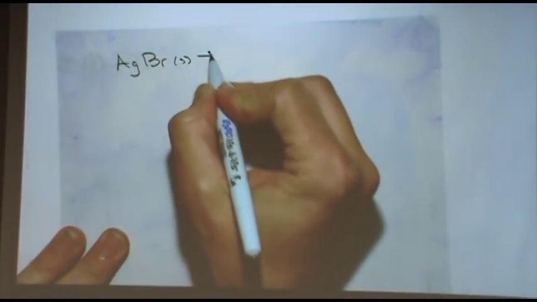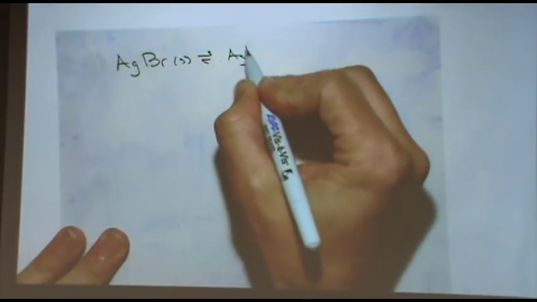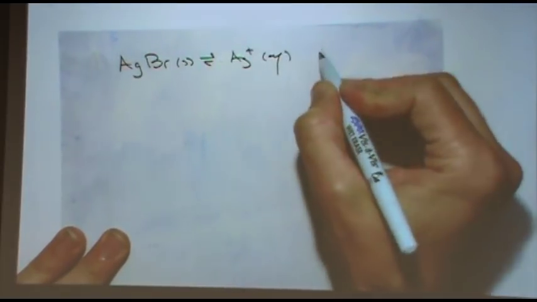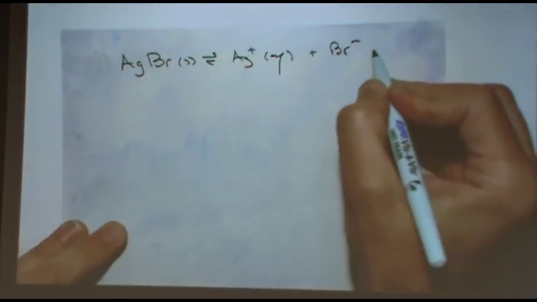All right, let's just take a look at the reaction we were looking at a second ago. Okay, a common ion sort of problem, let's look at that conceptually first.